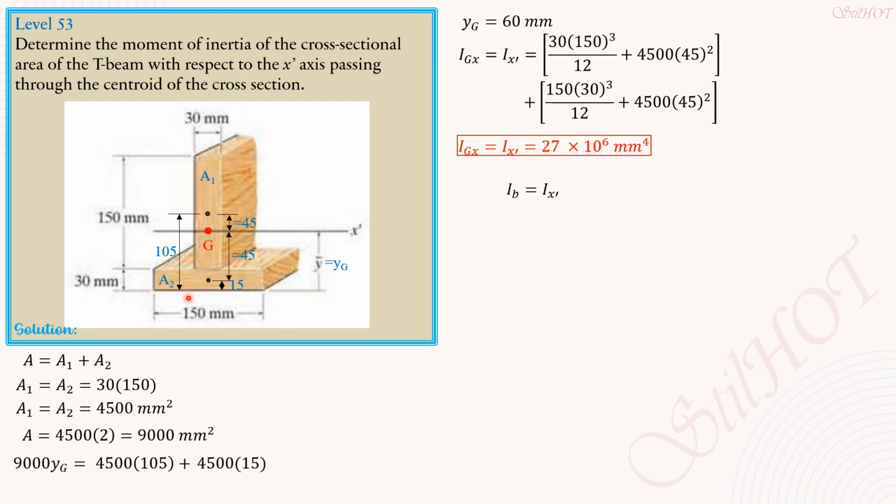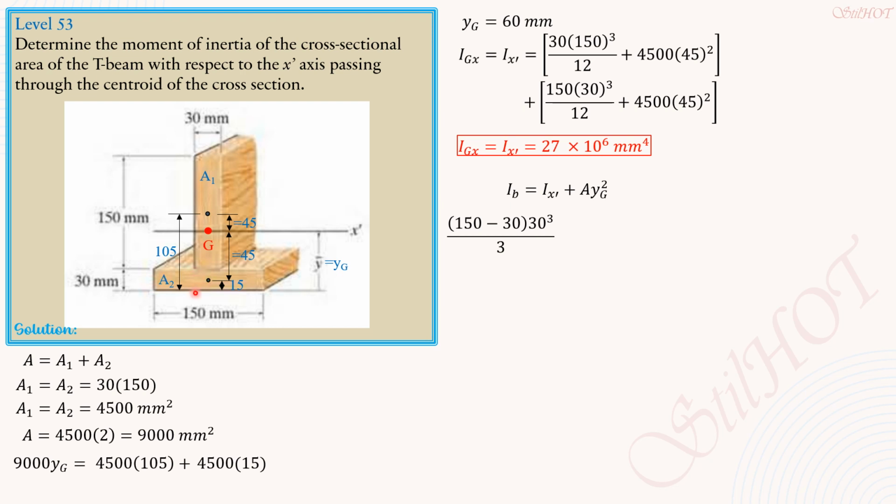So IB equals Ix prime plus area Yg square. So we need to solve for IB. 150 minus 30 times 30 cube over 3 for these wing rectangles. 150 mm minus 30. So we will not include this because this is part of this rectangle here.